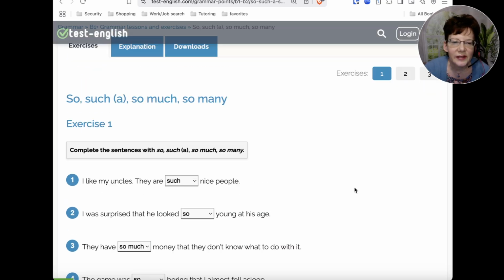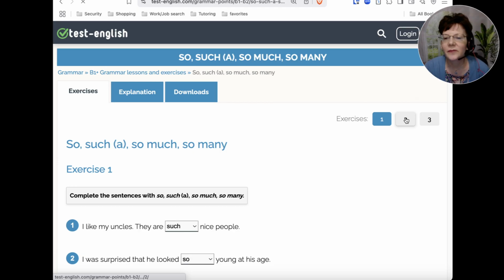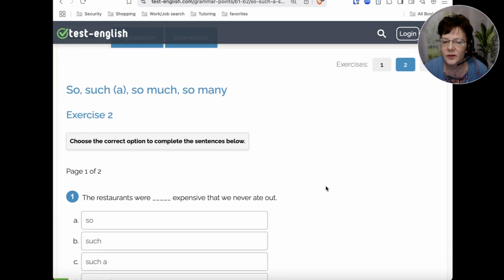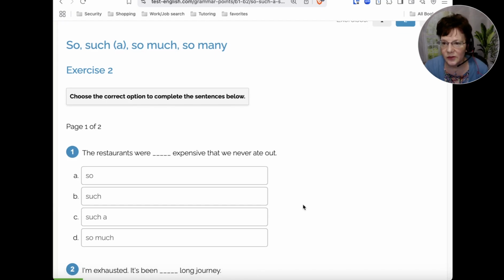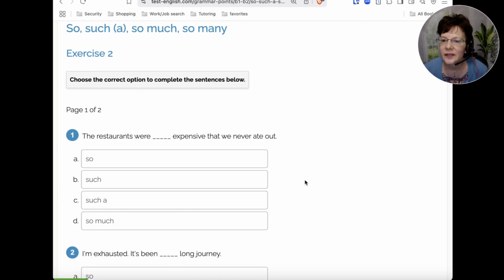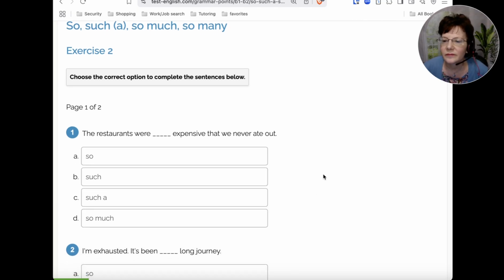All right. Let's look at exercise 2 here real quick. So this one is multiple choice. Choose the correct option. So number 1, the restaurants were so, such, such a, or so much expensive that we never ate out. Okay. All right.